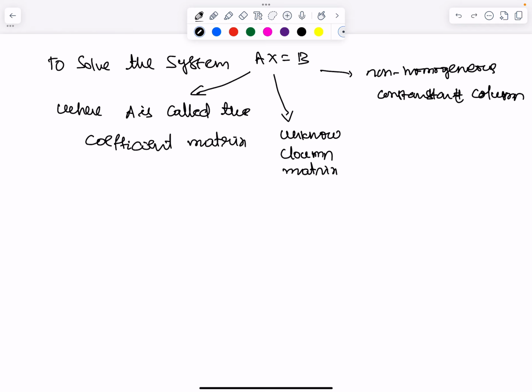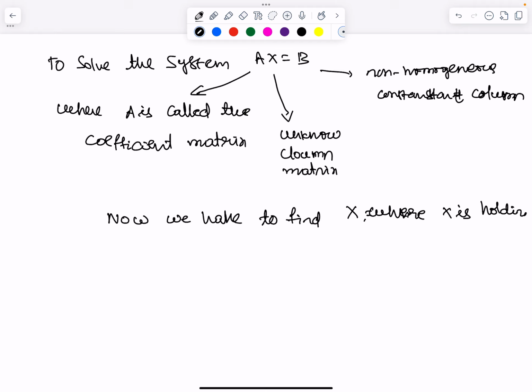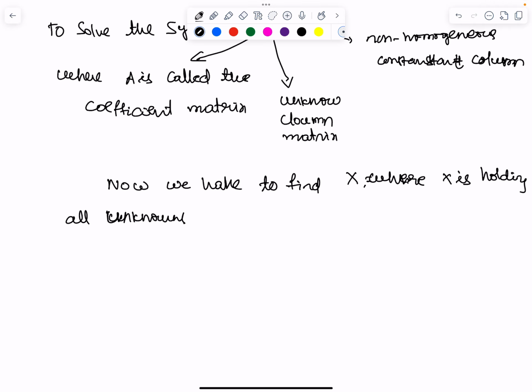Now we have to find x, where x is holding all unknowns.